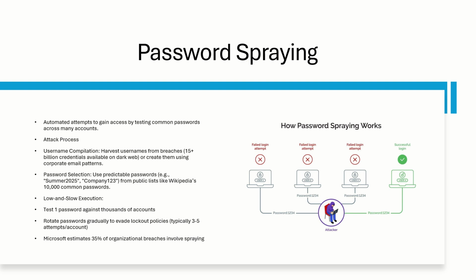How did the attacker get hold of these passwords? They go to platforms like the dark web, and they buy a list of harvested passwords. These passwords were harvested from password breaches or data breaches, and then they can try this.